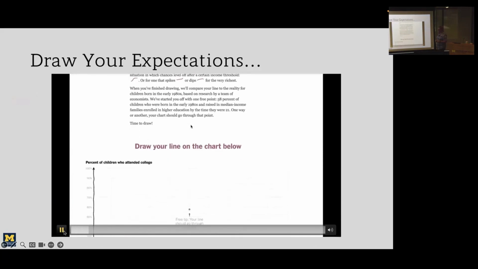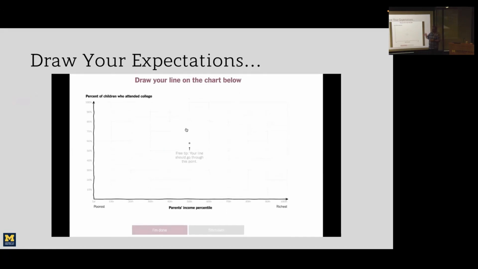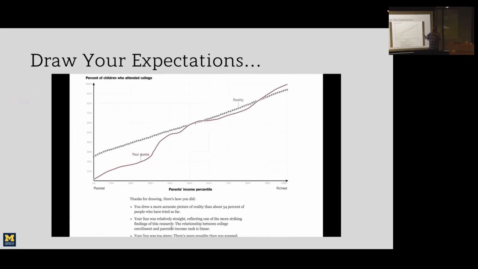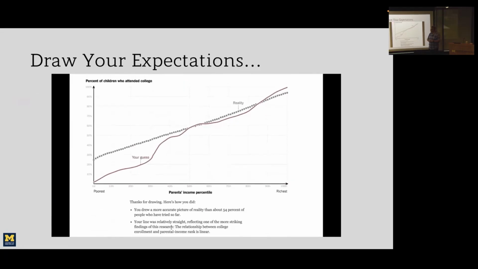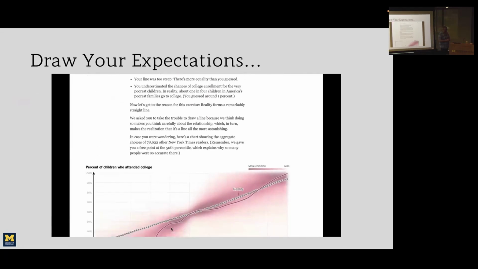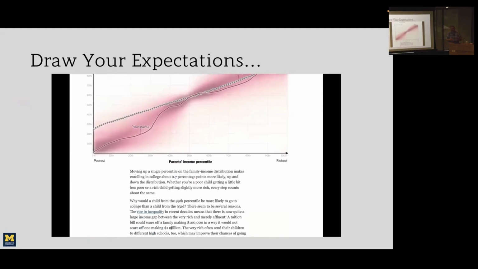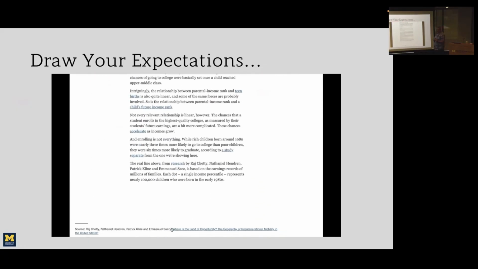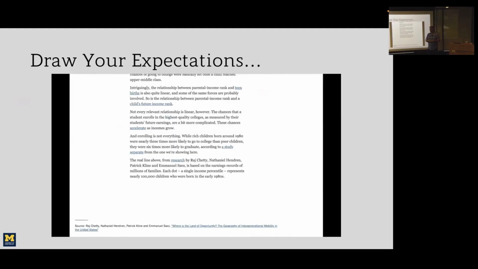If I get you to sketch it first, what do you think the line should look like? Okay, so you draw it. You're doing analysis based on the evidence that you have. Then it shows you the reality. Then it shows you what other people thought. All these things are intended to engage you in a certain way with the data that will hopefully help you remember that data when you leave.